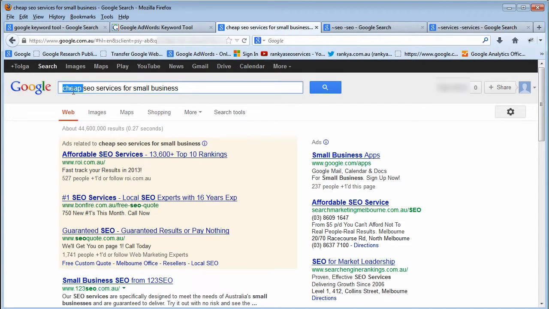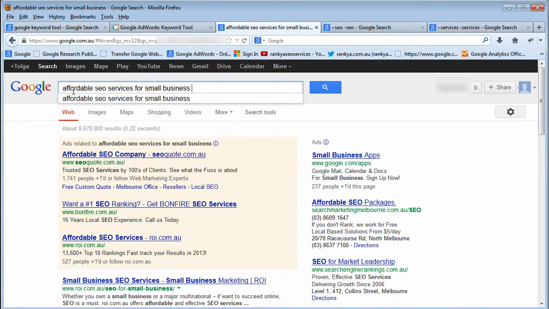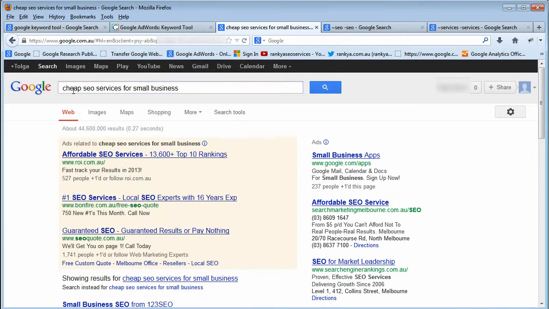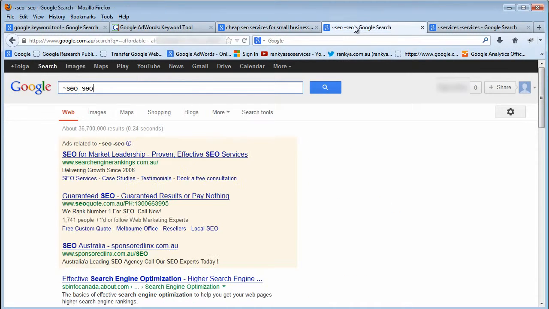So if I'm ranking for this, ranking for this is simple. Not everyone's going to be typing "affordable." Some people think of affordable as cheap, or some people think of affordable as low cost, for example, right?